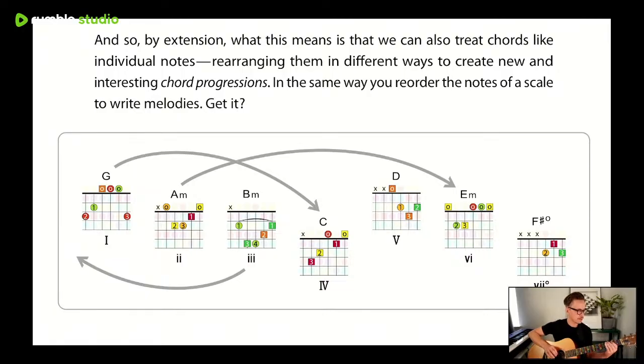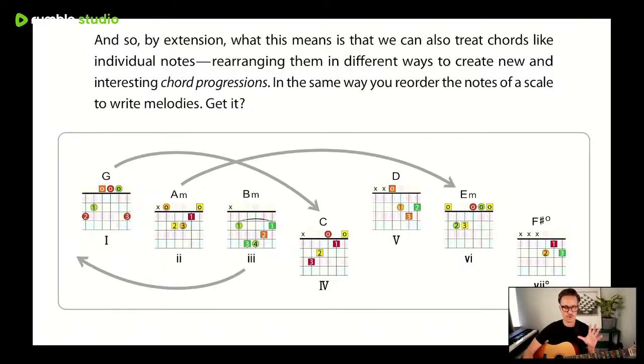So it's like, I'm just kind of picking around and coming up with a melody. Well, we could do the same things. Just using subsets of chords from the key of G in this example and coming up with a progression.